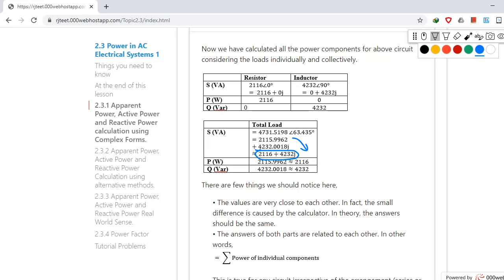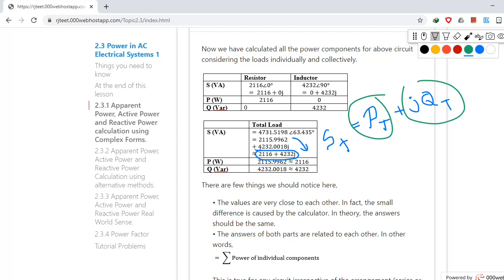Which means once you have the total active power and total reactive power, total apparent power would be the summation of those two, and your real part would be the total active power, your imaginary part would be the total reactive power.